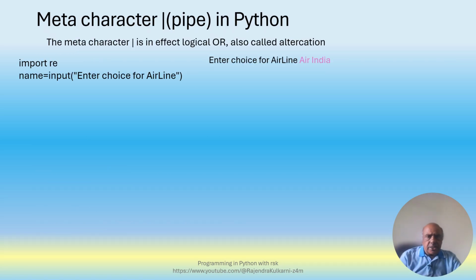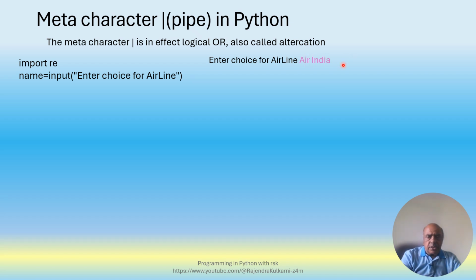Then there is the meta character pipe in Python. The meta character pipe is in effect the logical OR. How to use it in our program, we will see here. Name is equal to input, enter choice for airline.